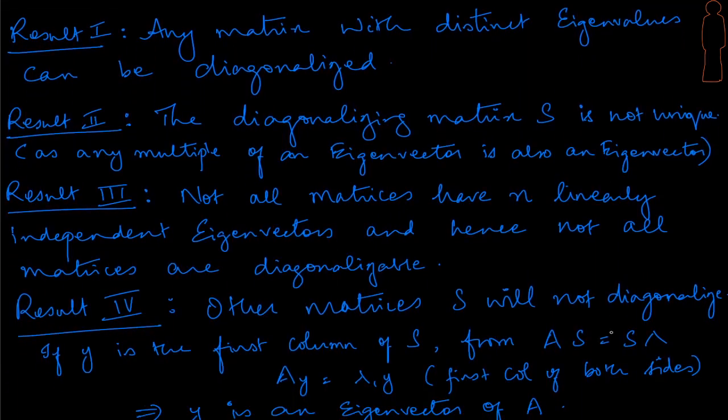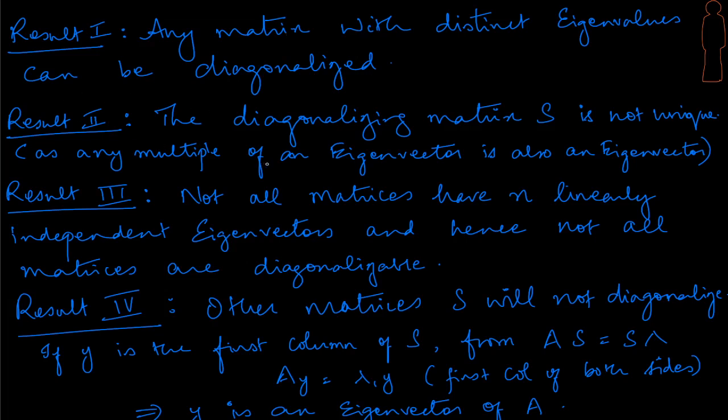So, here are 4 very important results that we must keep in mind with respect to eigenvectors. Result 1: any matrix that has distinct eigenvalues can be diagonalized. This is a simple combination of the two statements we have just made above. If I know my eigenvalues are distinct, that means my eigenvectors are independent. If my eigenvectors are independent, I know that the matrix can be diagonalized, right? That's it.